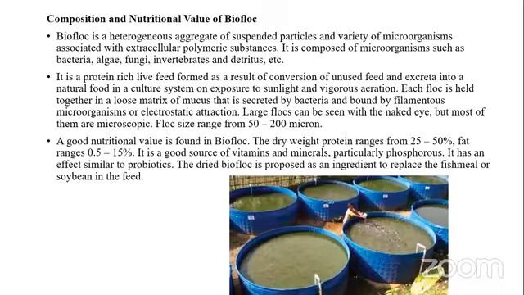So, as you can see, the tanks are prepared and floc is maintained. It requires constant aeration. So, what is the composition and nutritional value of biofloc? It is a heterogeneous aggregate of suspended particles and a variety of microorganisms associated with extracellular polymeric substances, composed of microorganisms such as bacteria, algae, and fungi.